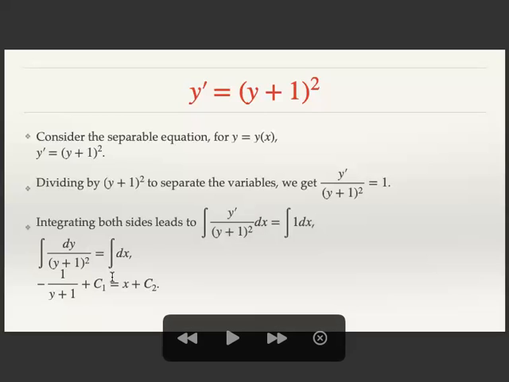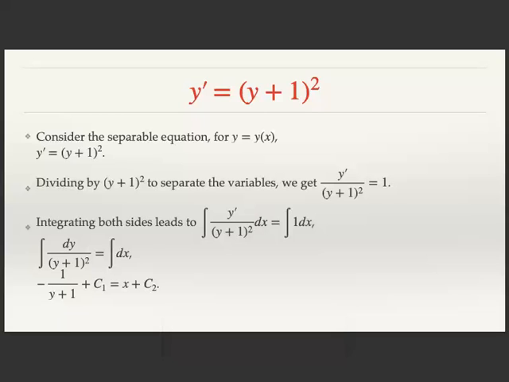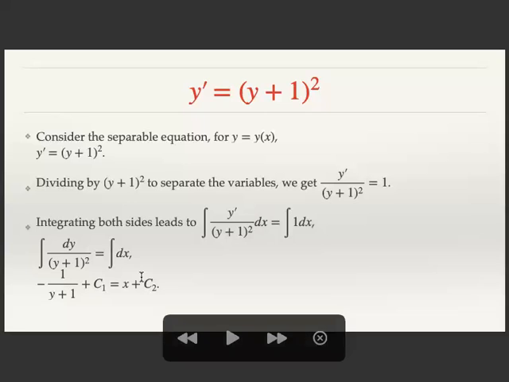So on both sides we can get some constant, because the antiderivative is only unique up to a constant. So here I wrote the constants on both sides. -1 over y plus 1 plus a constant is equal to x plus another constant.